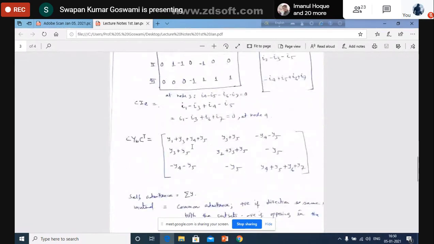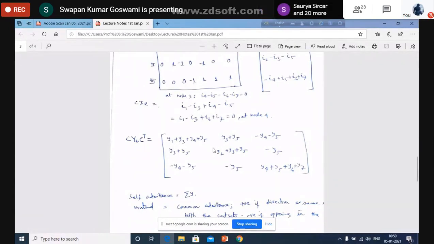Okay, so you see that this is how we can explain the meaning of the elements of the admittance matrix that we have formed by multiplying C with YB and then with the transpose of C. This gives an admittance matrix. You can say it is a cursor to cursor admittance matrix.